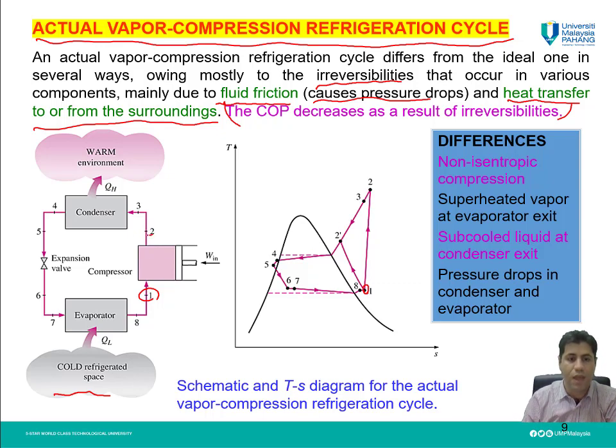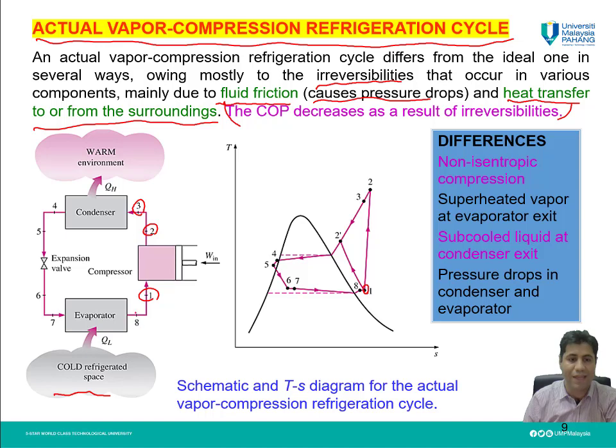If we consider state 2 to state 3, which is this pipe, as you can see here, we have heat transfer and a pressure drop. So from state 2 to state 3, the temperature is reduced and we have a pressure drop. Similarly, from state 4 to state 5, we again have a pressure drop in this line, and from state 6 to state 7 in this pipe, again we have a pressure drop.